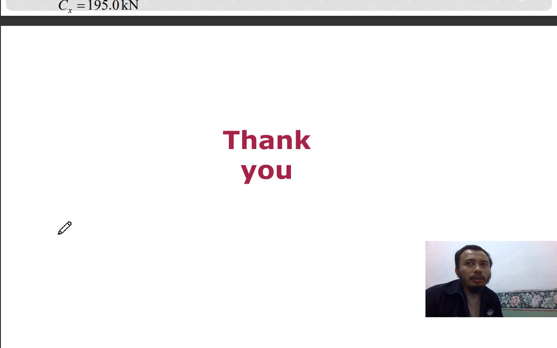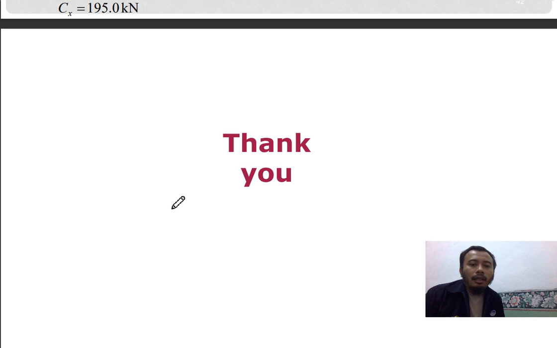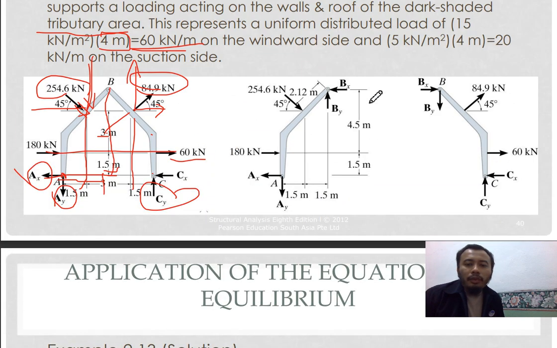Make sure to be consistent and resolve in the opposite directions, especially when you are dealing with a frame such as this. You have BX, BY at 2 points of a member of frames. So make sure it is in the opposite direction: up, down, left, right.